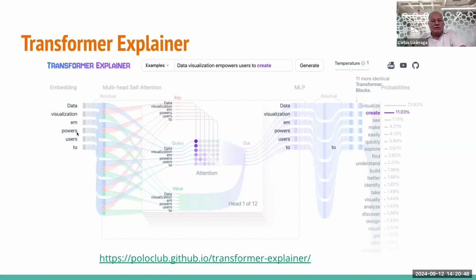So data visualization empowers users to create, but create has less probability than visualize, and then the word analyze has a lower probability. So the model probably will create the next word using whatever probability is larger.